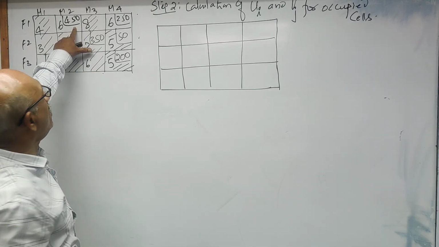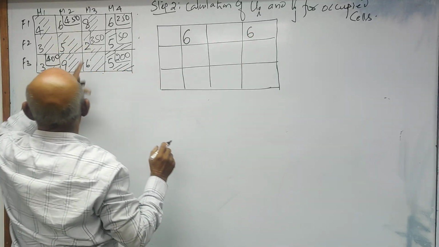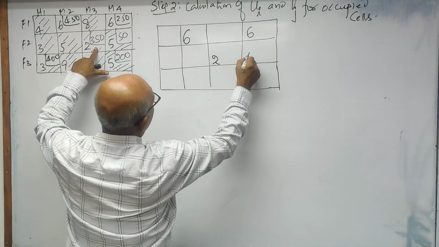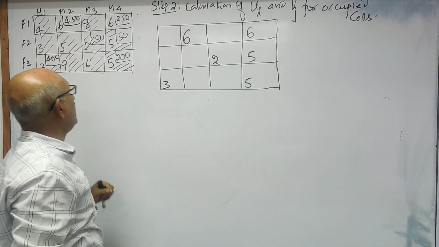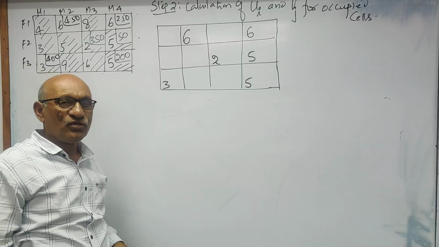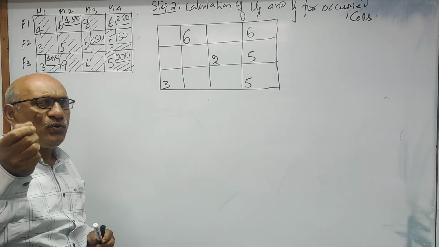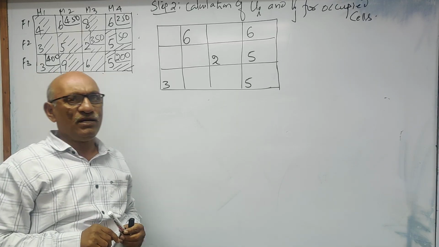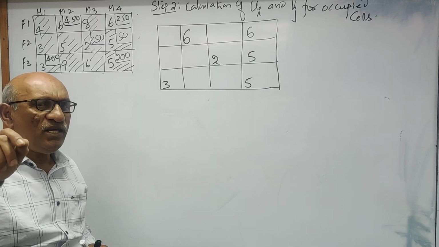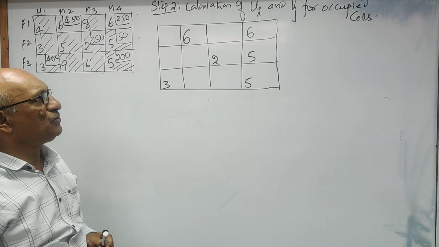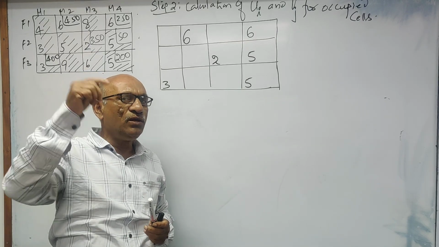Consider the occupied cells cost only. This is the cost per unit in the occupied cells. For getting a unique set of UI and VJ values, again I am repeating this point, take any column index or any row index as 0.